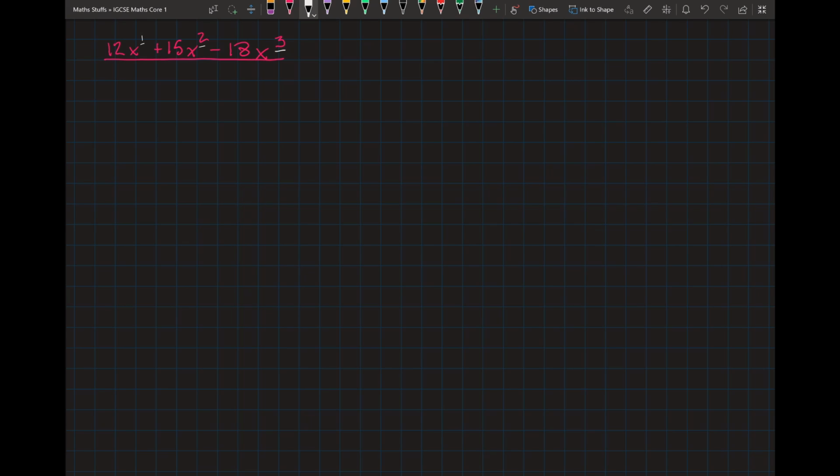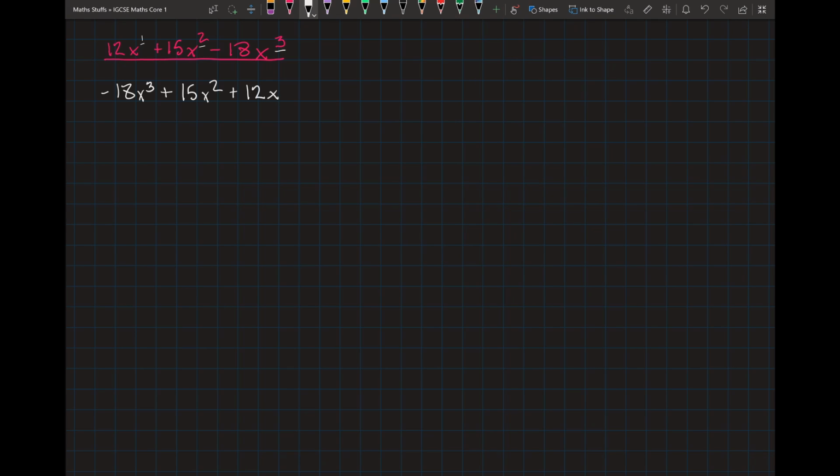So normally we would like this in this order. We go from the highest power, or the highest index, or the greatest exponent, to the lowest. So negative 18x cubed plus 15x squared plus 12x.